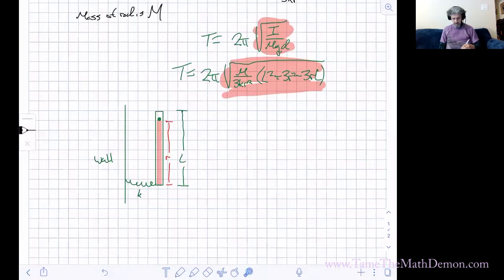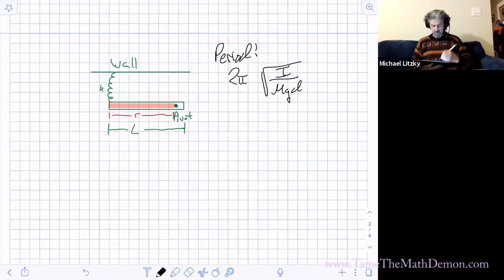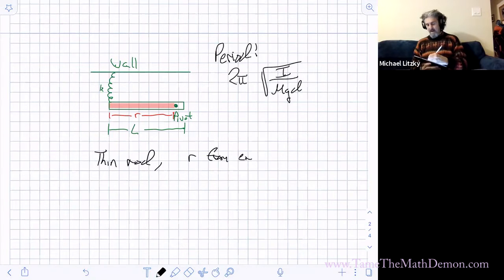So we want to look at this I over mgd. I is the moment of inertia for a rod pivoting around something that's not its center but not its end. So let's see. We've got a thin rod and it is pivoted a distance r from the end.